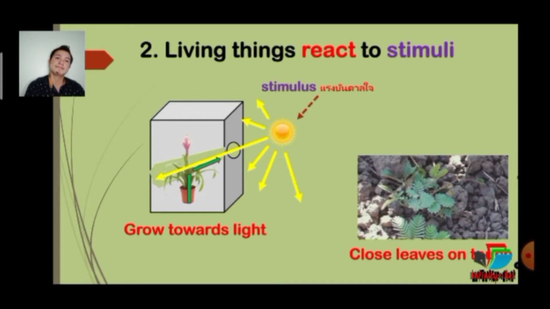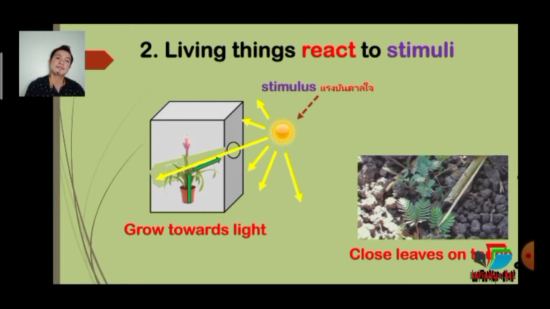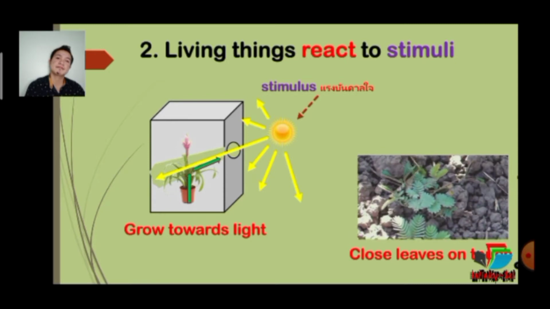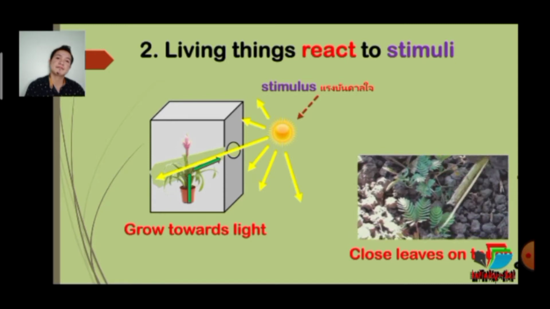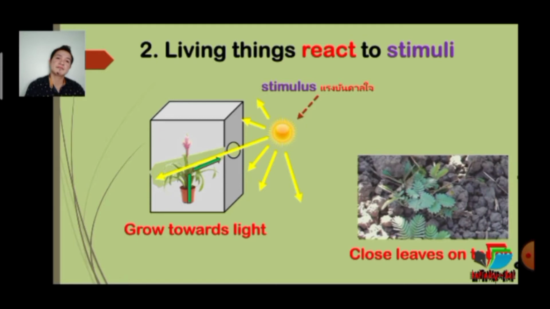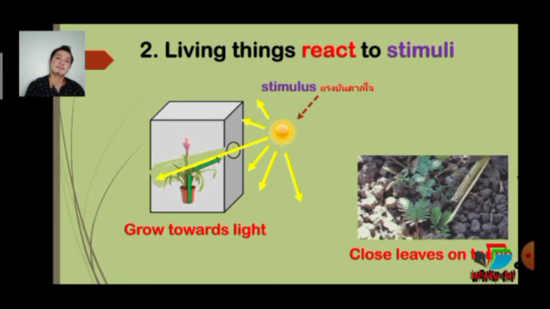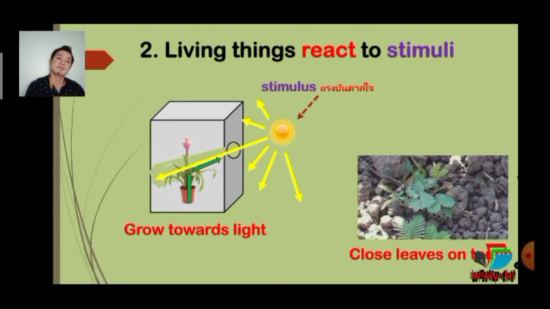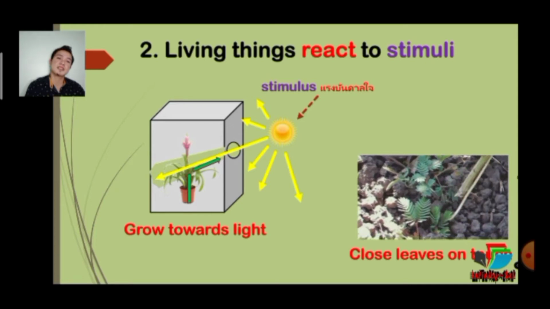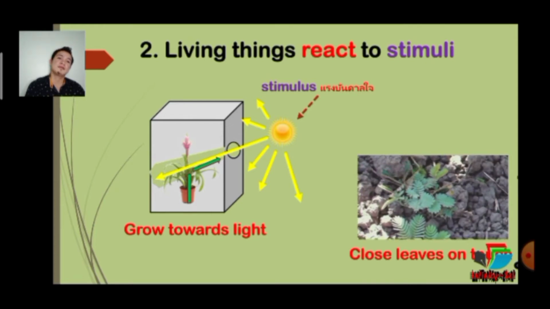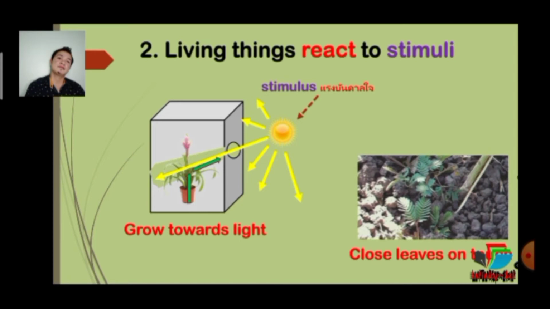So for the plant which grows towards light, the stimulus is light, and for the mimosa plant which closes the leaves on touch, touch is the stimulus.